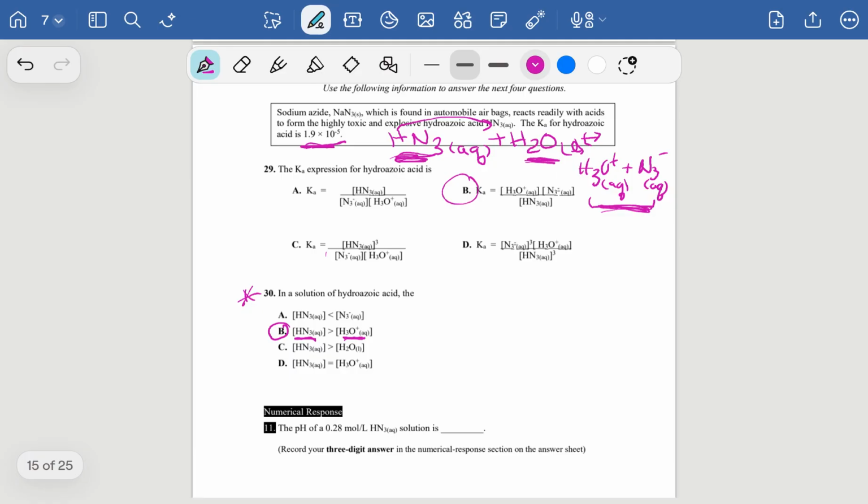Looking at number 11, asking us to find the pH, we got to use that Ka formula once again, right? You have your hydronium ion concentration squared divided by your weak acid, and we could ignore the hydronium in the denominator because we're finding it. So we are going to plug in your Ka value, you're going to plug in the weak acid and solve for hydronium once more.